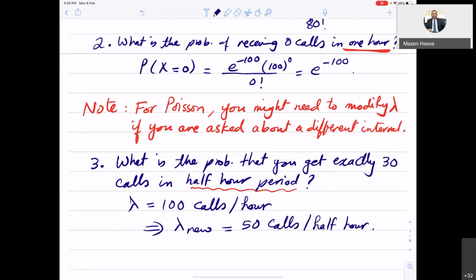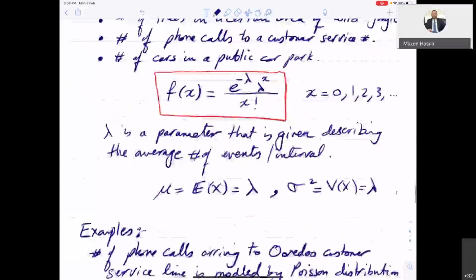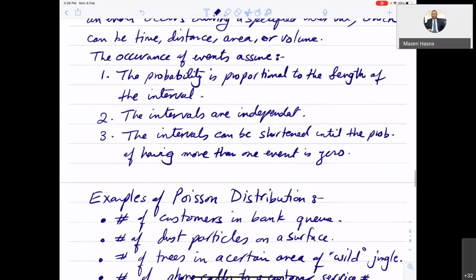Doctor, you can just halve it just like that, or is there a special way? No, just scale it. If I said a quarter of an hour, it's 25. 2 hours is 200 calls per 2 hours. Just scale it according to the interval. And this is one of the assumptions of Poisson, assumption number 1: probability is proportional to the length of the interval.